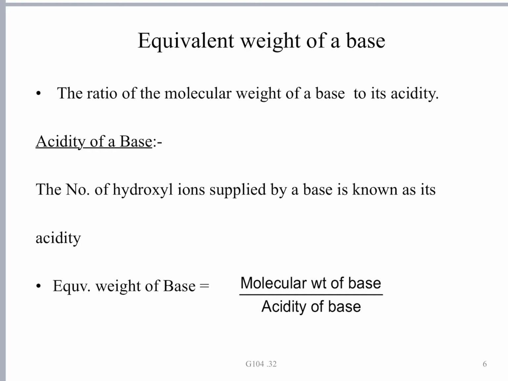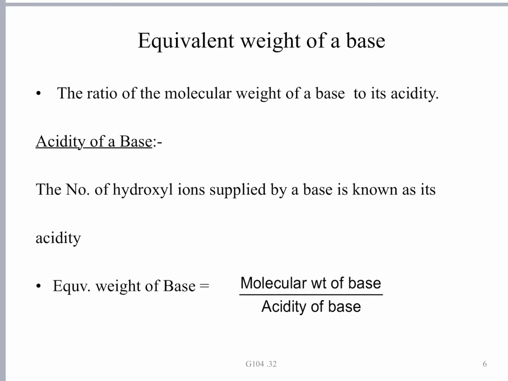Likewise, aluminum hydroxide, Al(OH) taken thrice, in a polar solvent dissociates into Al3 plus and 3 OH minus ions. So it is furnishing 3 hydroxyl ions on dissociation, and its acidity is 3.